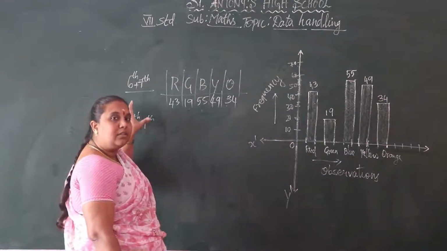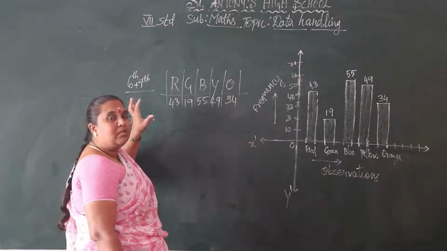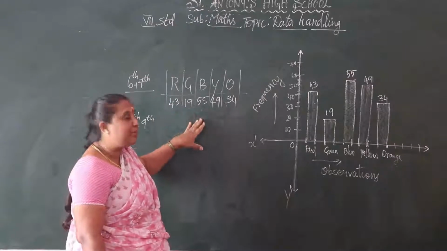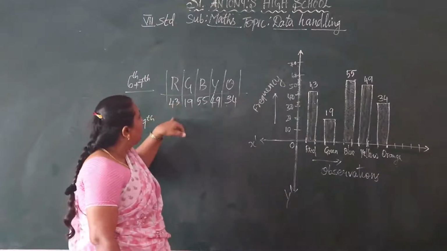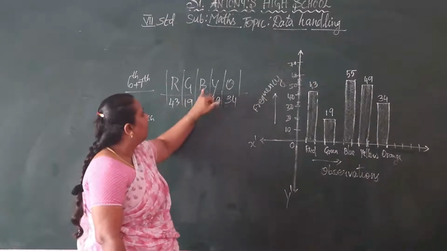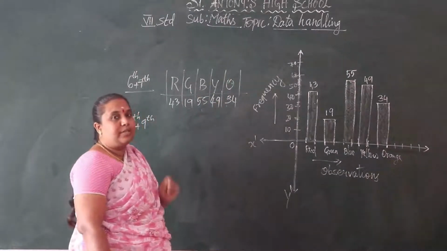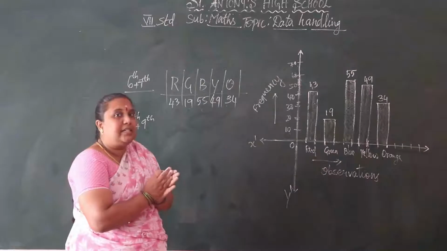Totally there are 200 students. From that we are comparing how many students are giving red color, green color, blue color, yellow color and orange color.